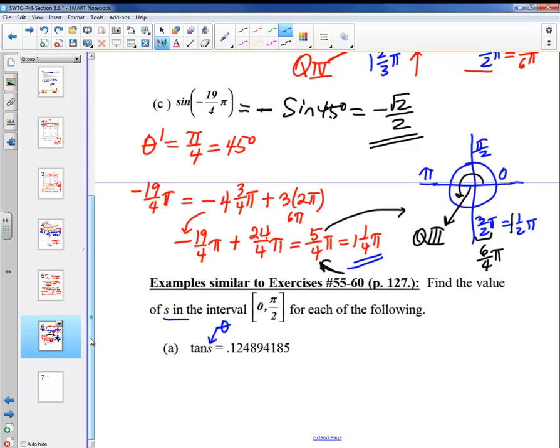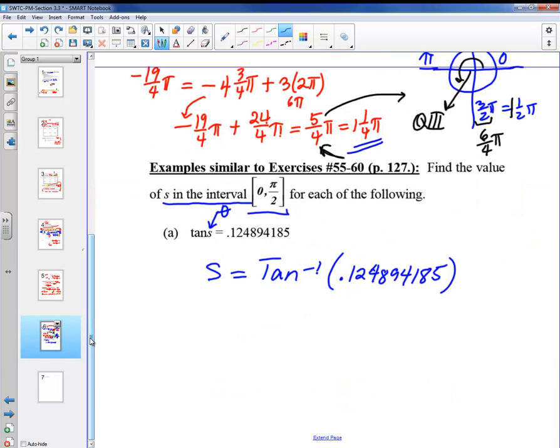And in particular, they're saying that S would be in that interval. So anytime that you're looking for the angle, that's when you want to take the inverse tangent of 0.124894185. So that's why it's a calculator exercise, because that's a decimal right there.